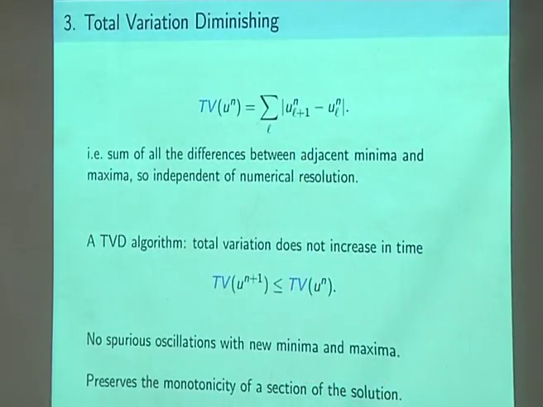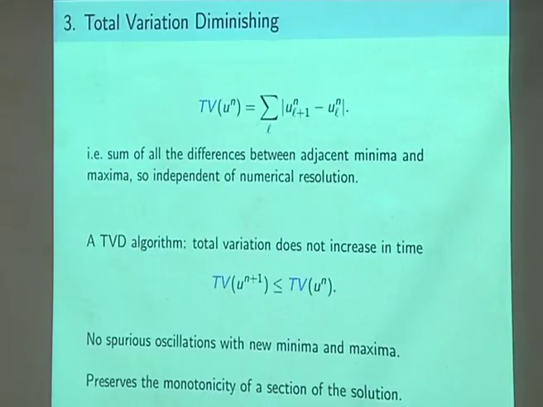So if you do that, it ends up being the sum of the absolute values between a minimum and a maximum, between a maximum and a minimum, between a minimum and a maximum, as long as you've got a point at the minimum and maximum. And so that's the total variation. A total variation diminishing is that quantity decreases in time, or doesn't increase in time.